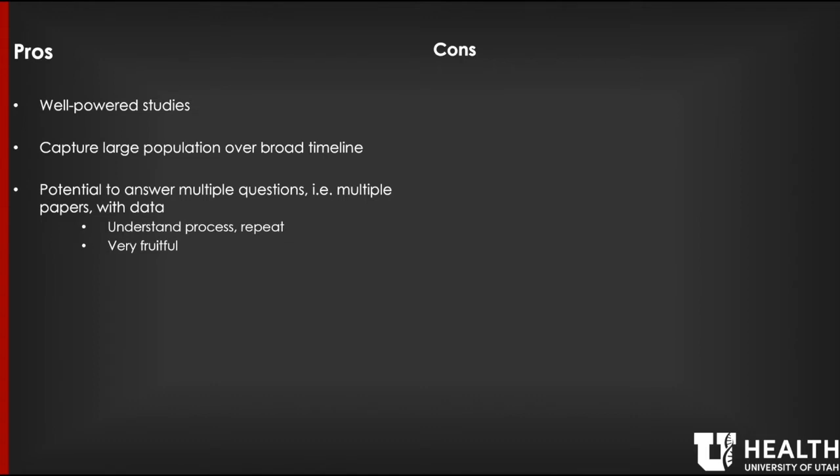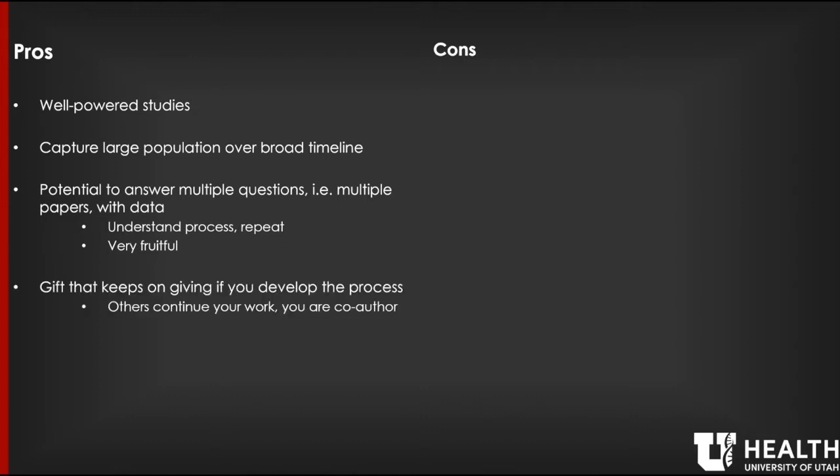However, you have to understand the process behind using and managing this data, and then you can repeat it for multiple studies, and it can become very fruitful in terms of research productivity. It can be a gift that keeps on giving.